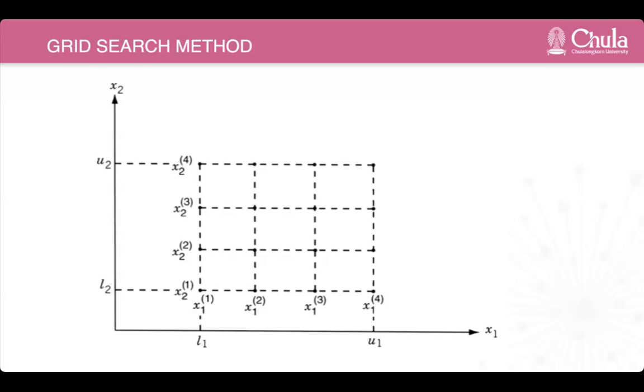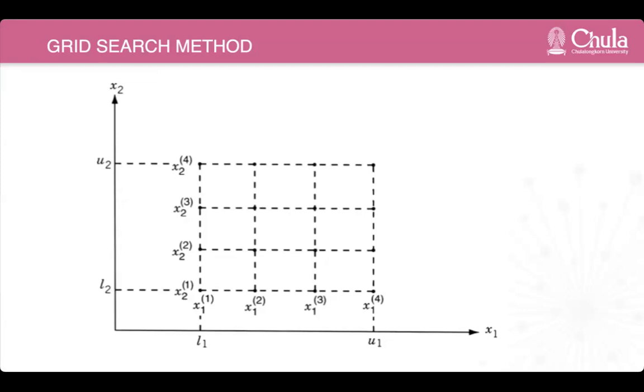In some cases, if we're dealing with global optimization, where you cannot guarantee the whole space is convex, then you have to evaluate every point, right?